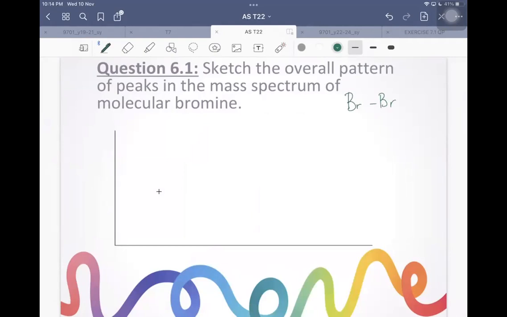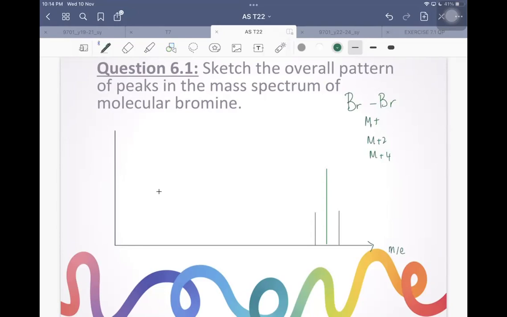Okay, where you have M+, M+2 and M+4. So my x-axis will be mass to charge ratio, and I know that their difference would be by 2 units, and I know that their relative abundance will be 1, 2, 1.